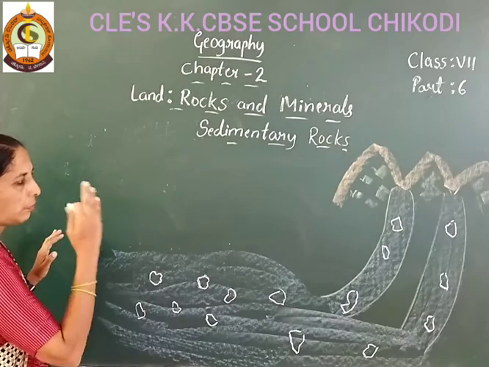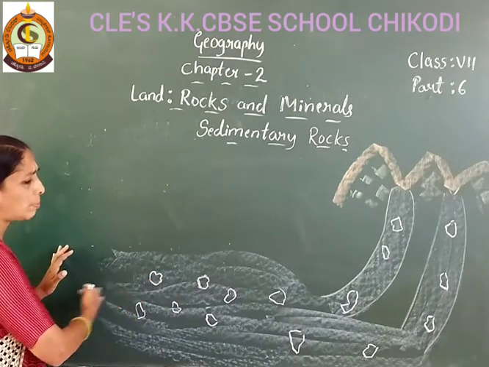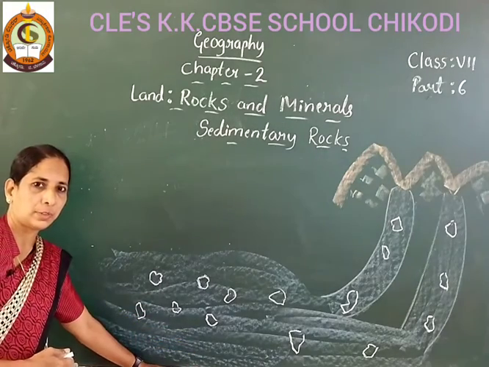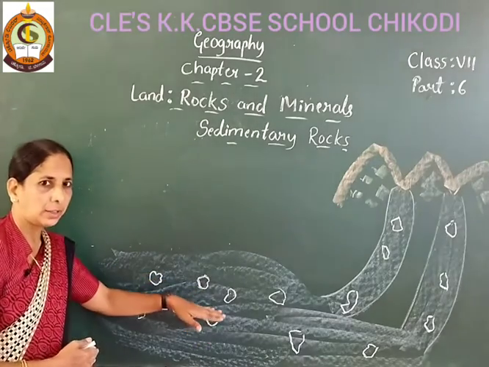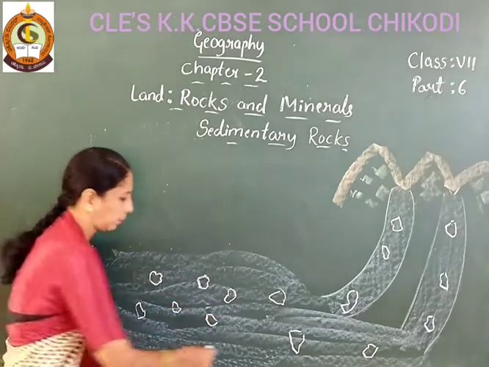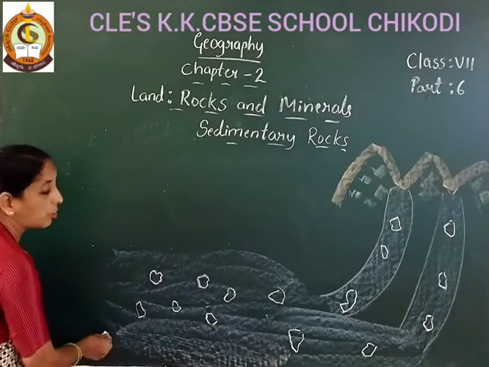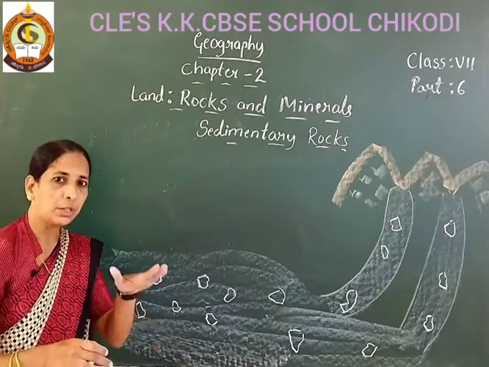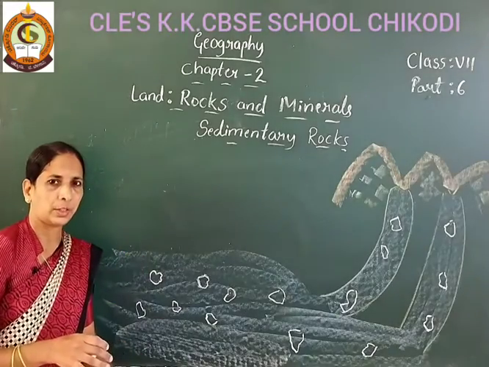Afterwards, these small pieces of rocks and soil settle down on the river bed. River bed means the bottom of the river. So all these pieces settle down.